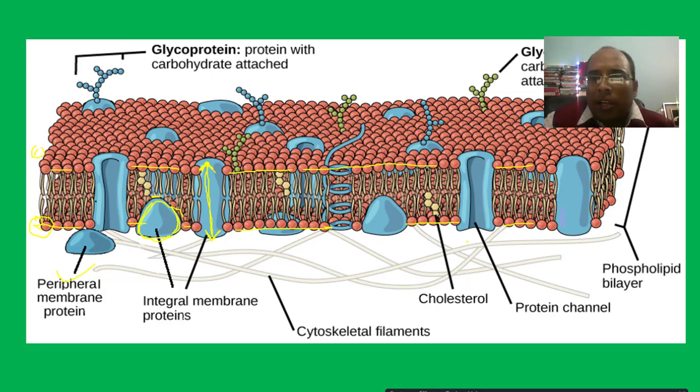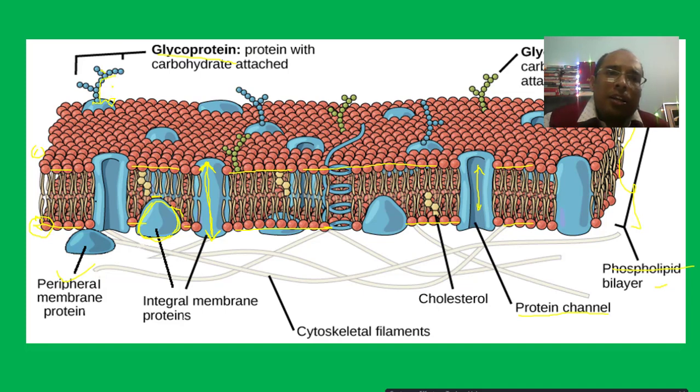You can see another protein, channels. You can find the channel, and the name of the protein is protein channel. And these are the phospholipid bilayer, I have already told you. You can see glycoprotein. This is called glycoprotein because this is a protein part and this is a carbohydrate part.